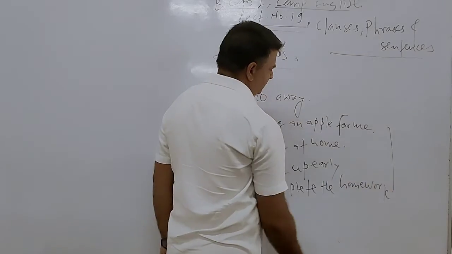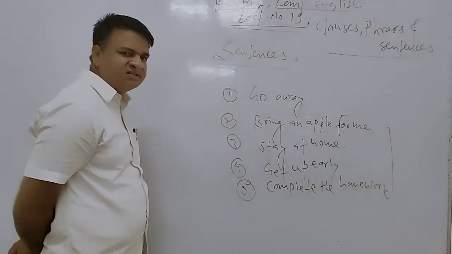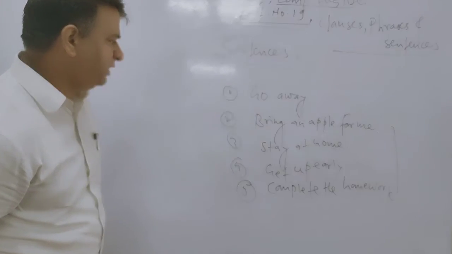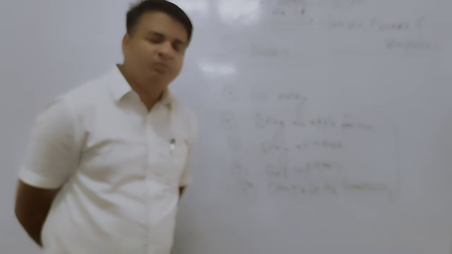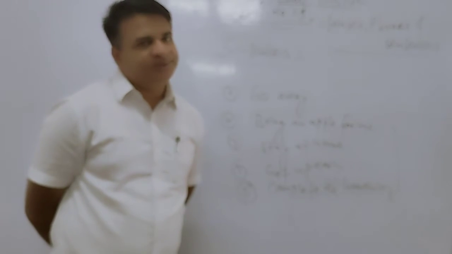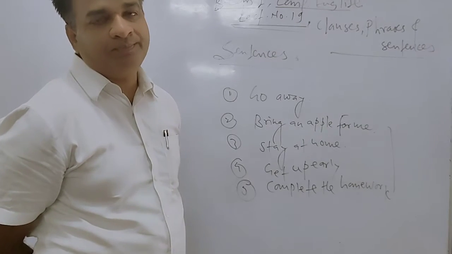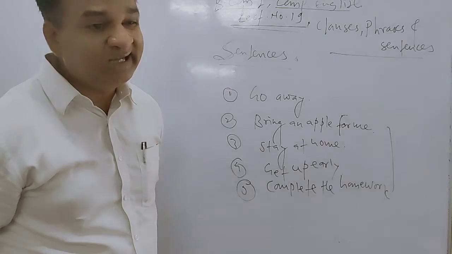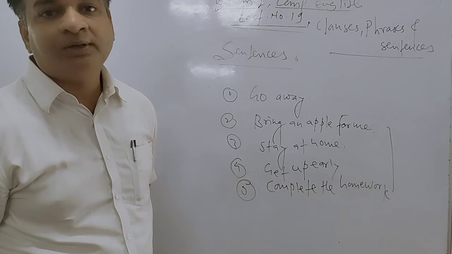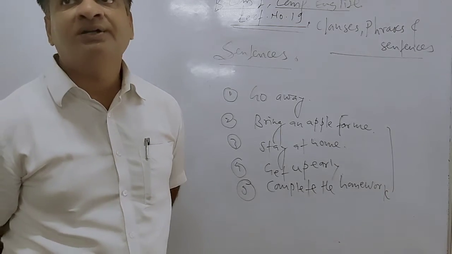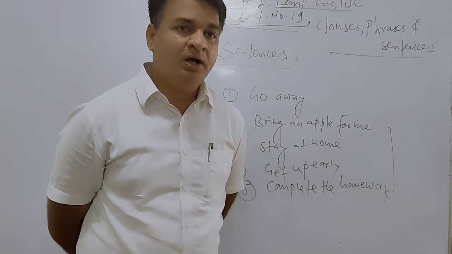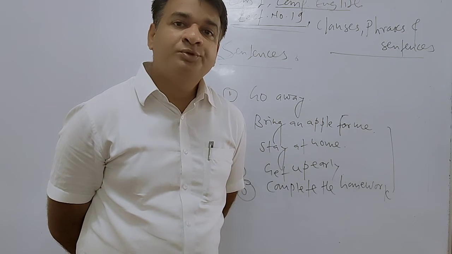What type are these sentences? Anybody can tell. Go away, bring an apple for me, stay at home, get up early, complete the homework, pass the salt, build the house, bring the pen, bring the lunch, clean the home, wash the clothes, start the fan, run the car, wash the car, watch the movie.